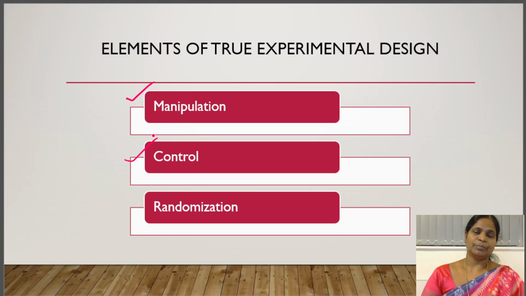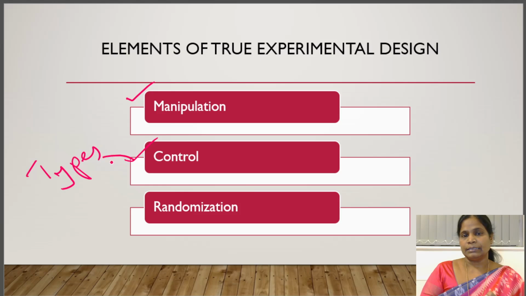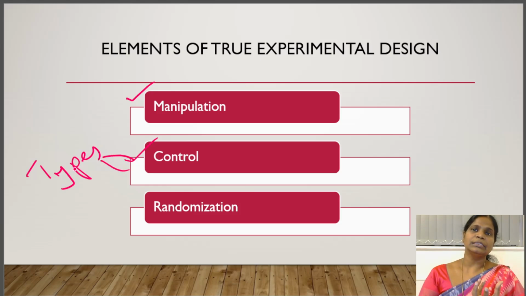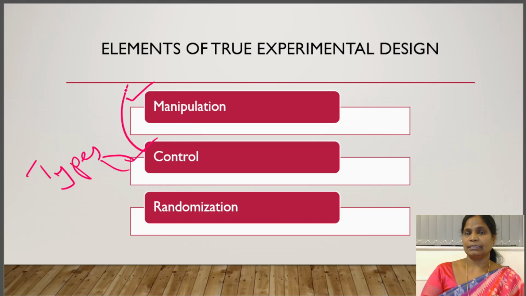There are two types of controls I am telling here. Generally, control means that a researcher controls certain extraneous variables in true experimental design so that they will not affect the study. That is one thing.